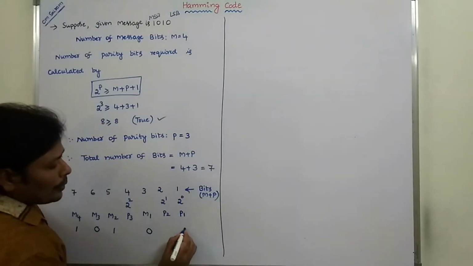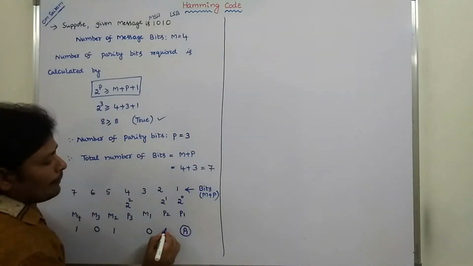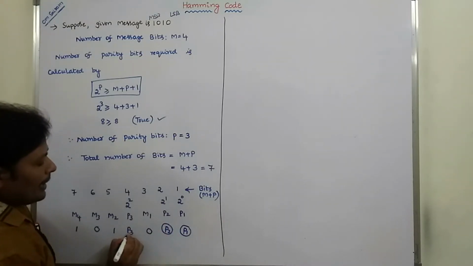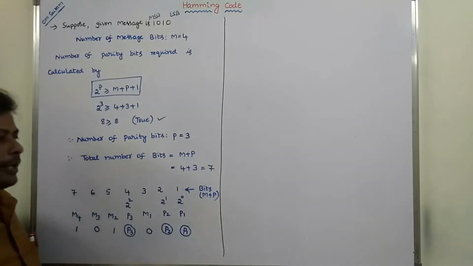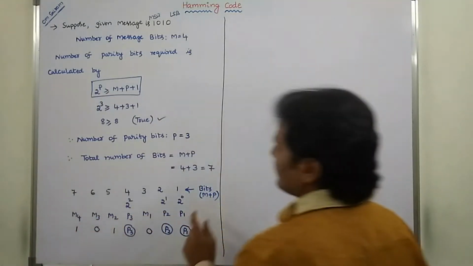Now we have to calculate the parity bit P1 value, parity bit P2 value, parity bit P3 value. Okay, so here there are 7 bits.